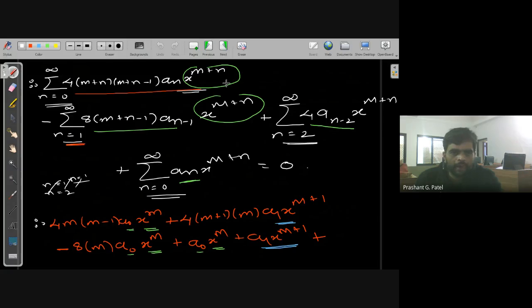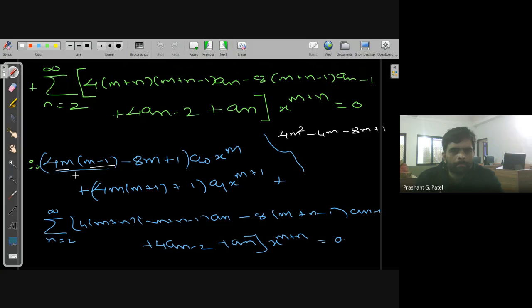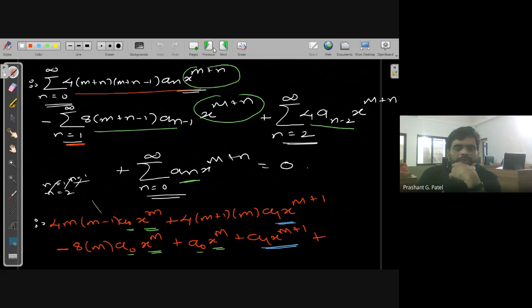Yes. 4m square minus, it has to be plus, otherwise it cannot work. So where did we make the mistake? See, this is 8m square.